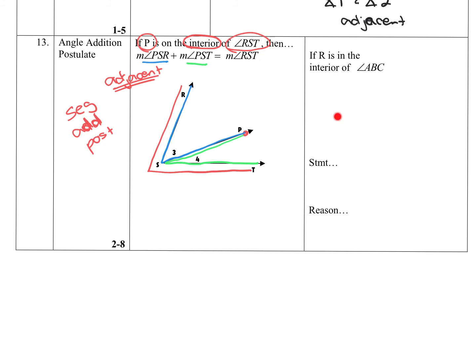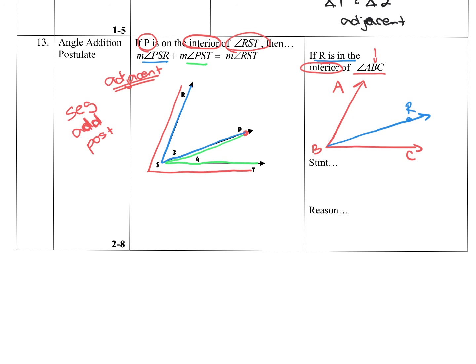Now we're going to try to draw a picture over here real quick. Our keyword that we're going to see is interior, and what we would draw first is the angle ABC. So you're just going to draw any old angle. I'm going to call it A. Remember, the B has to be the vertex, ABC, and then it tells us that R is going to be in the interior. So I can just put this point R anywhere I want on the interior, and then I'm going to connect it and make a nice ray.